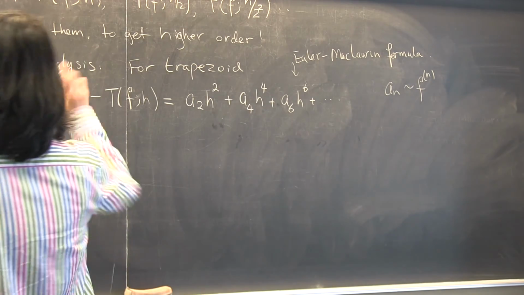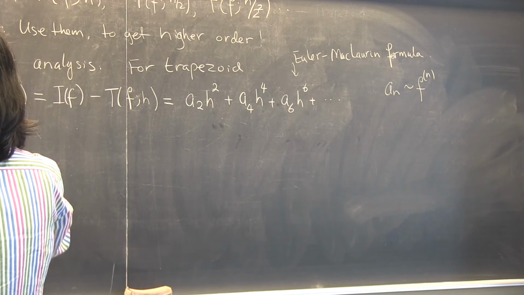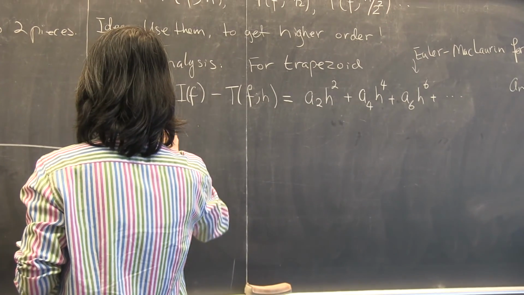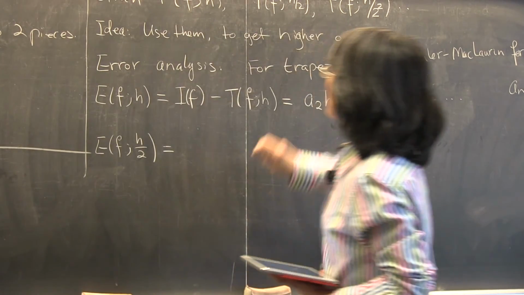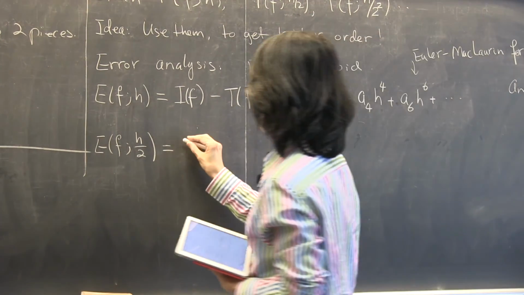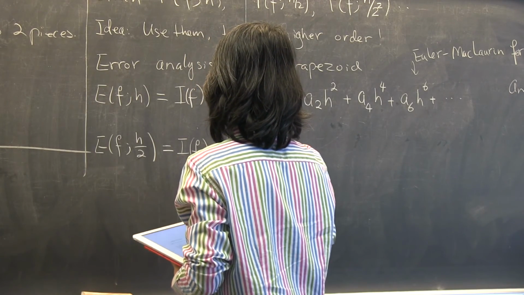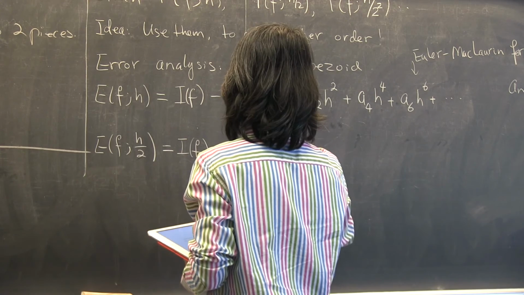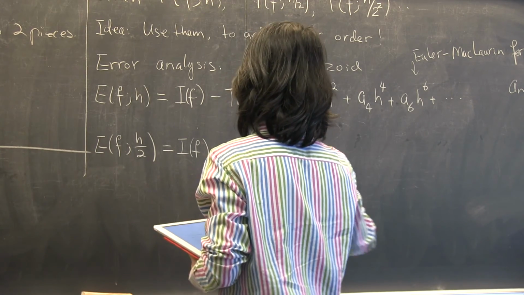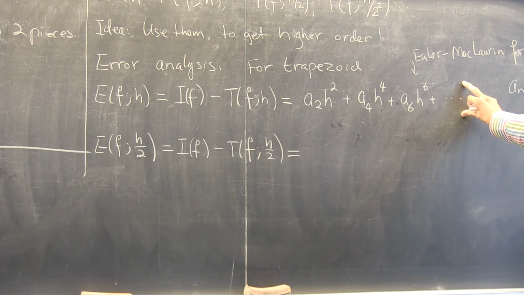So if I have this error for interval length h, what about for this trapezoid approximation with h halved? What will be the error? Well, if this holds for this h, then it holds for h half, right?